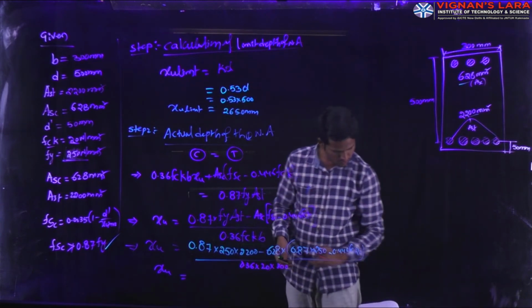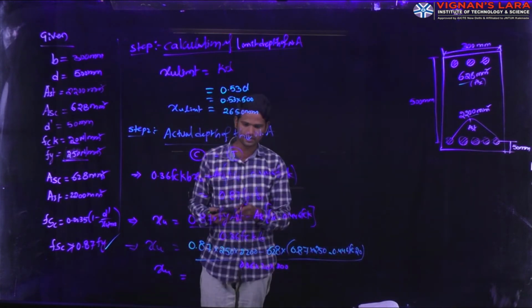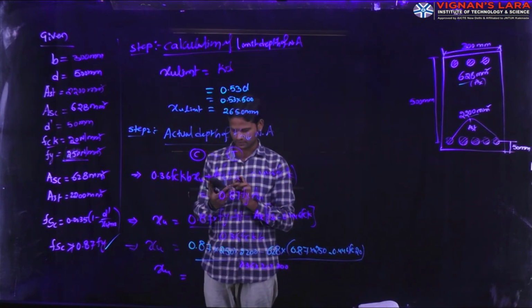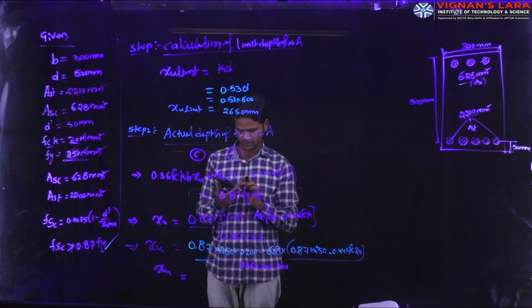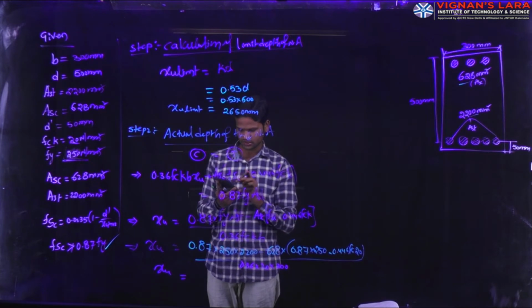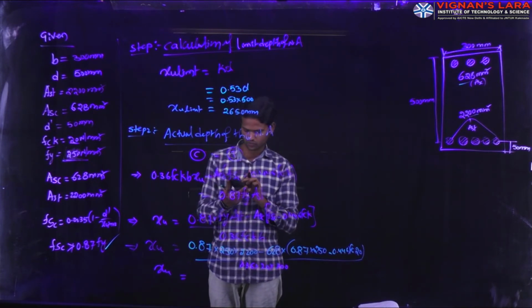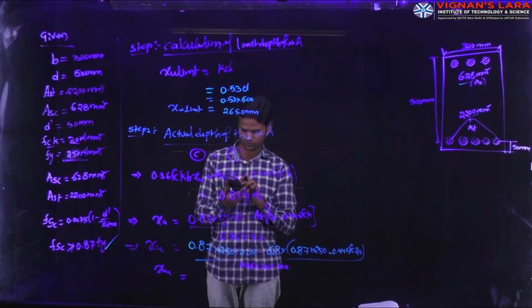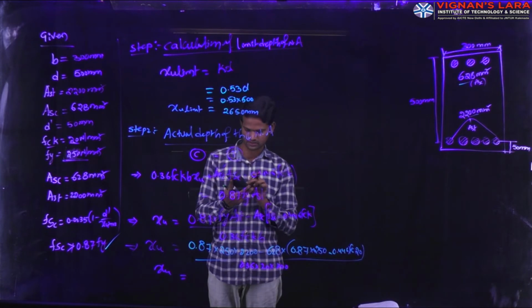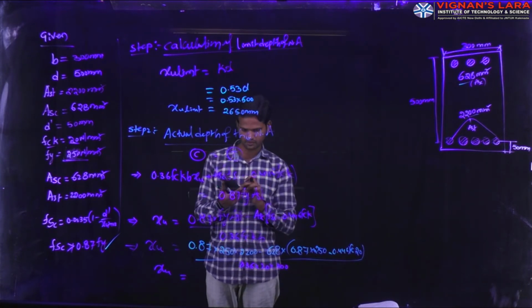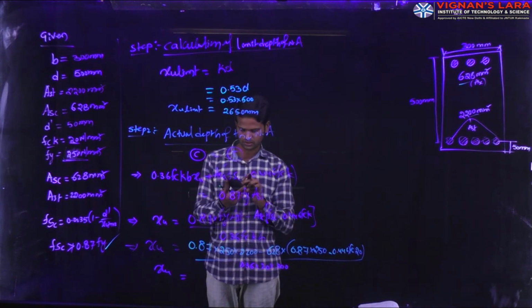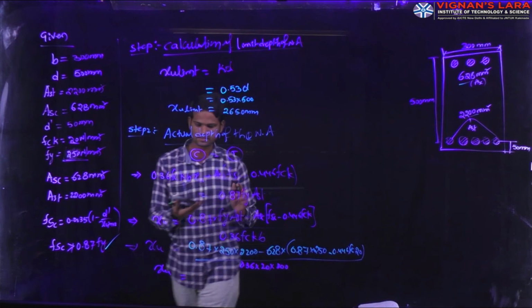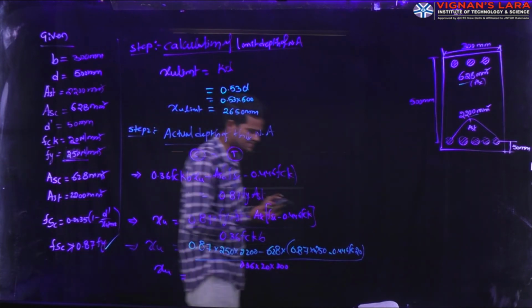The XU value we are getting as, I am also calculating this value, 0.87 into 250 into 2200 minus 628 into 0.87 into 250 minus 0.446 into FCK as 20, divided by 0.36 into FCK 20 into B 300 mm.